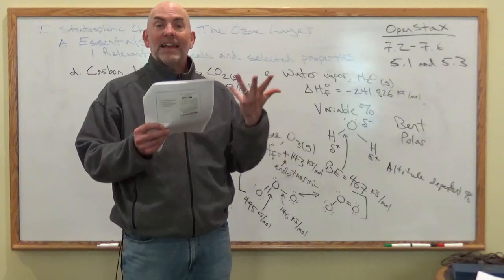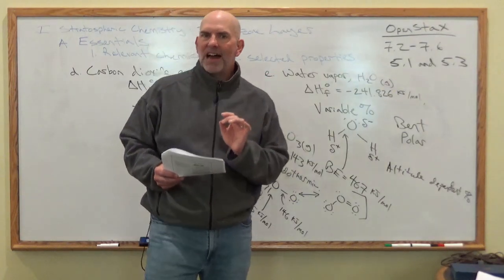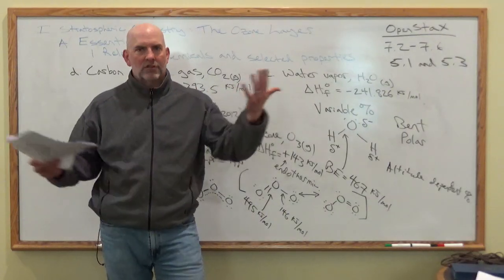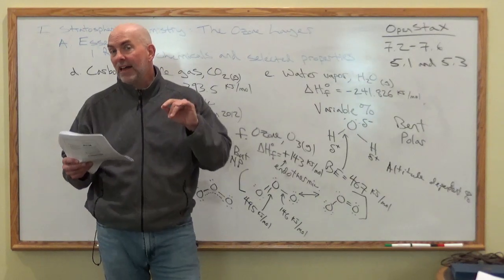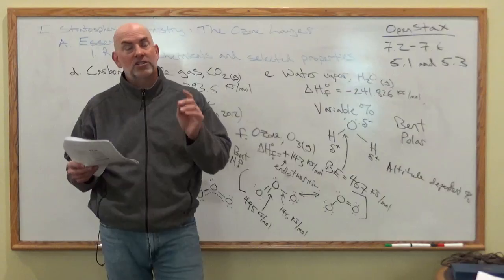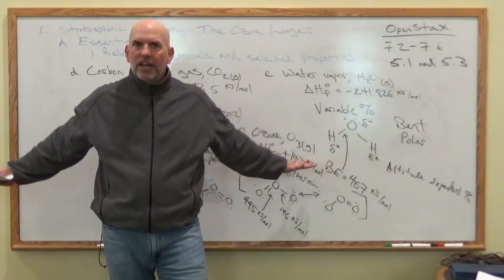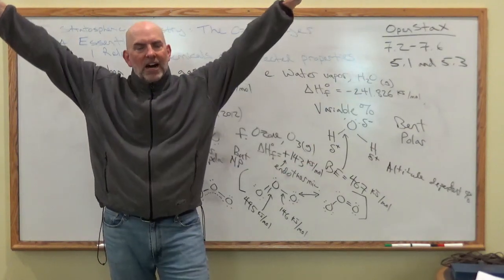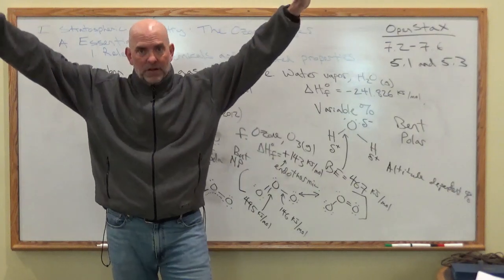Ozone up in the stratosphere, which we need, is useful for blocking ultraviolet radiation, and that would make life impossible on Earth if we were bombarded with all that ultraviolet radiation from the sun. So the ozone has a lot of different functions in the atmosphere depending on where you are. If you will, ozone down here in the troposphere is bad for our health. Ozone up in the stratosphere is necessary for life.